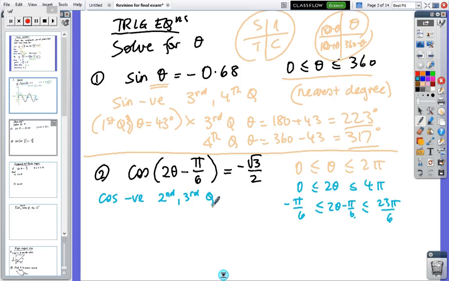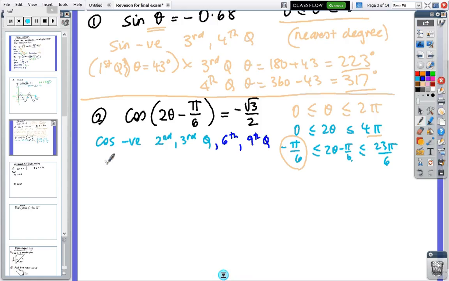So this value here, we don't have to worry about, because that's not in the second or third quadrant. That's effectively the minus first quadrant, which is the fourth quadrant. But because I'm doing 2 laps, I've got to keep going. So I've got second, fourth, and then 6th and 9th quadrant. So I've got 4 answers to go through.